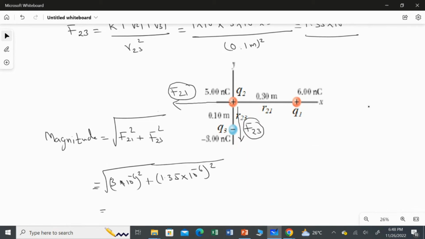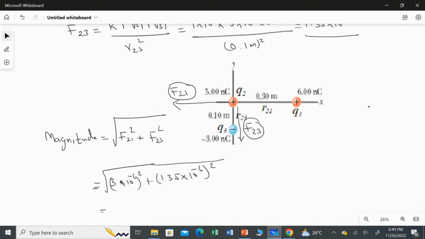So I'm going to find the answer for the magnitude. Square root of 3 multiplied by 10 power minus 6 square plus 1.35 10 power minus 6 square. Sorry, one more time. 3 10 power minus 6 square plus 1.35 10 power minus 6 square.